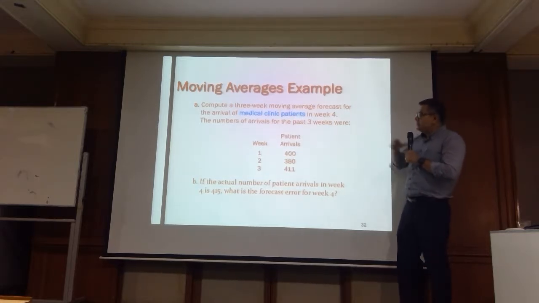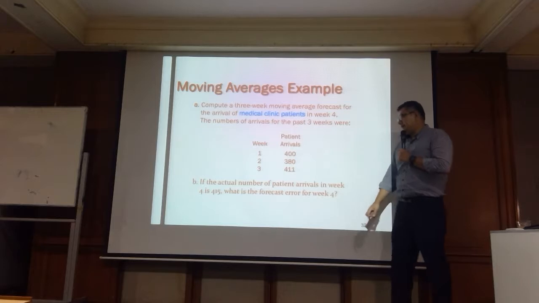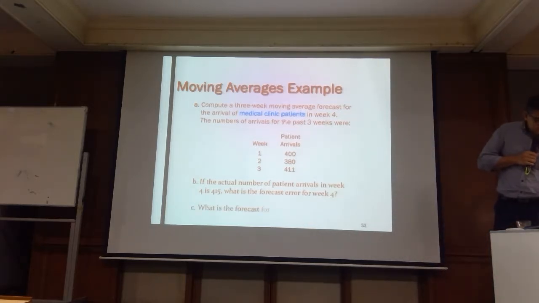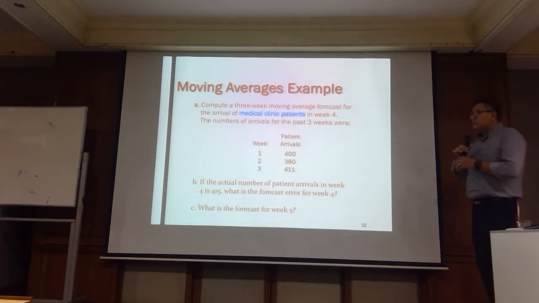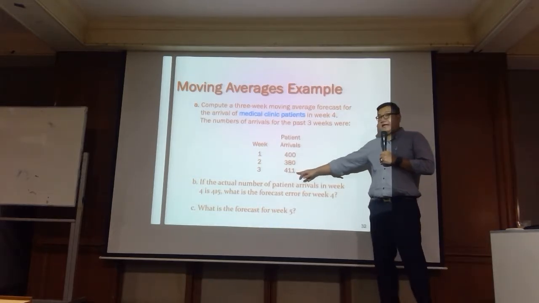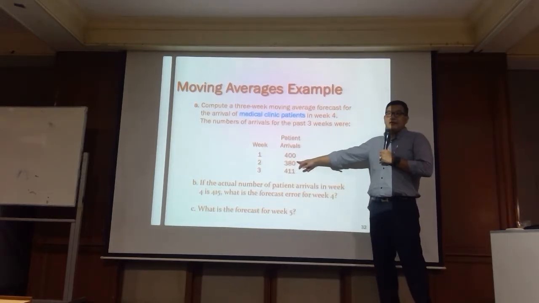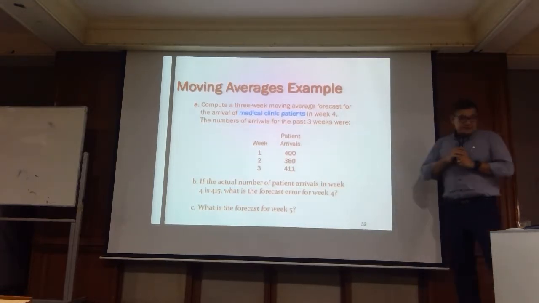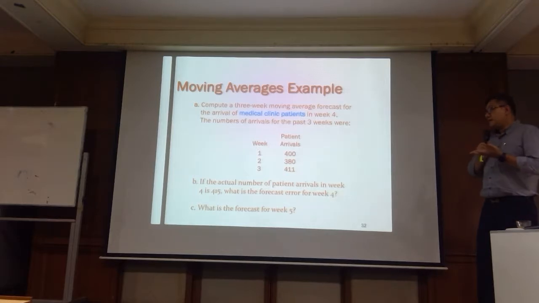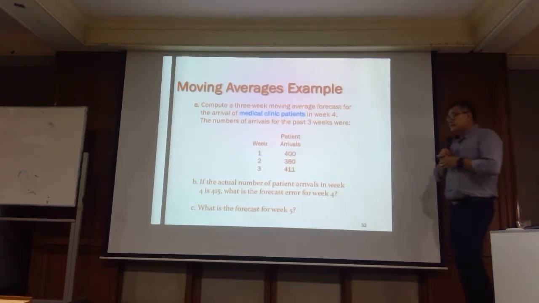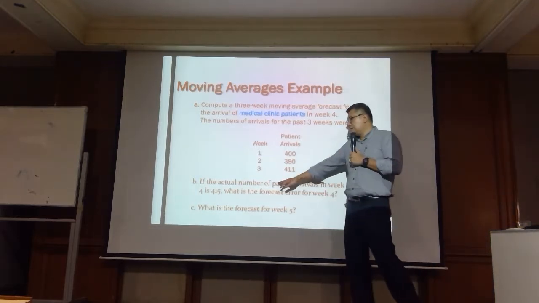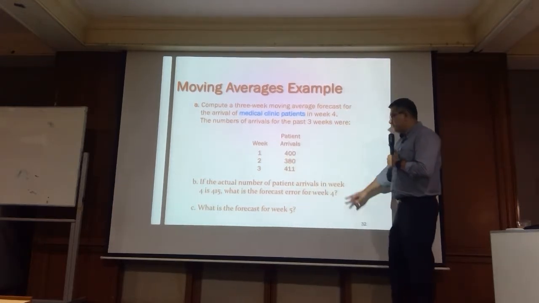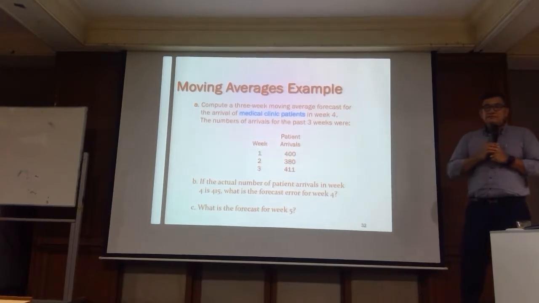What are you going to do? If I use a 3-week moving average, we just use 411 plus 380 plus 400, all divided by 3, with the result. But if I say that the actual number for week 4 is 415, what is the forecasting error?